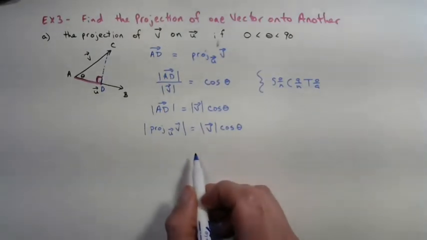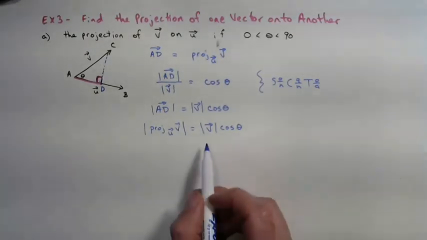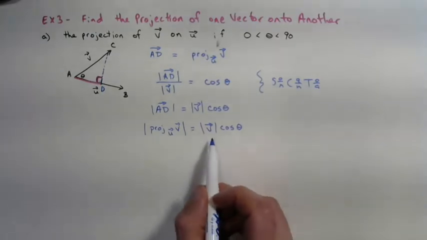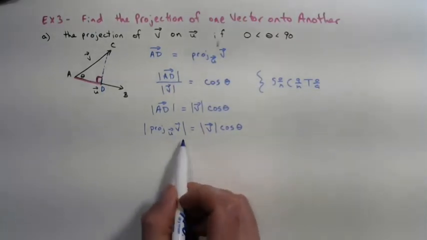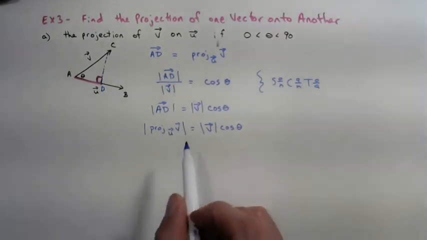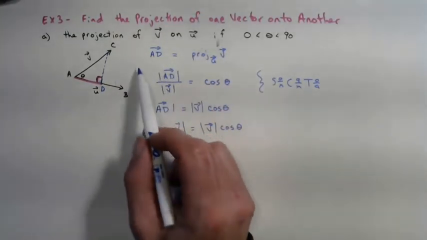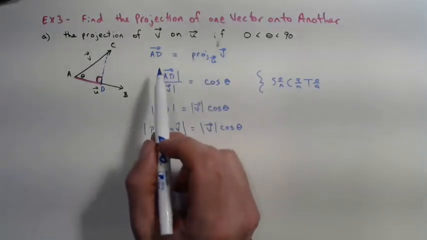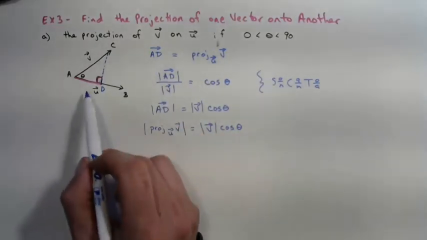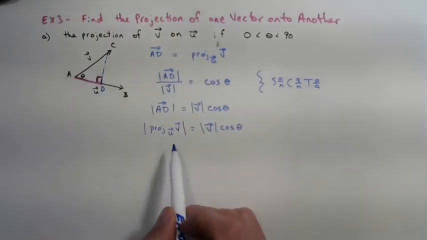All this does is give the magnitude of the projection. That's what we did. We used a little bit of trigonometry to go from this understanding to saying, okay, how do I get the magnitude of this? How do I get the length of this piece? And it's just right here.